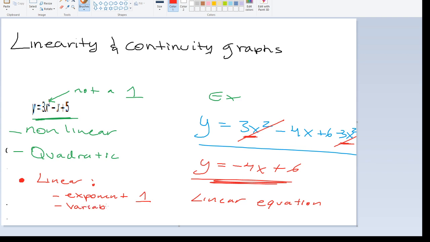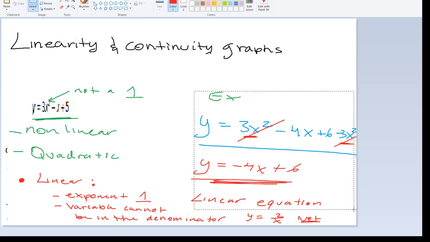So the variable x cannot be in the bottom of the fraction. So an example of this could be y equals 2 over x. This is not a linear function. The x cannot be in the denominator. The x cannot have anything else other than an exponent of 1.